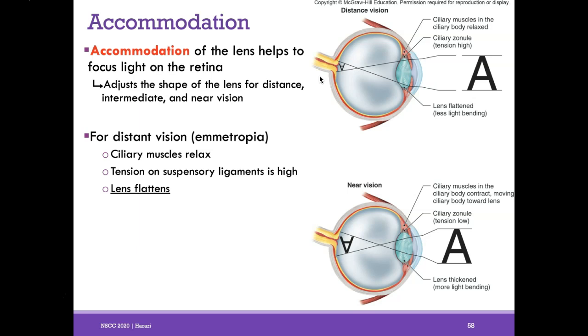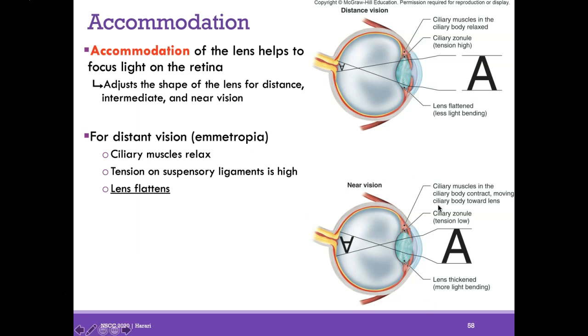But if we shift our eyes to something closer, then we need to accommodate the lens so what we're looking at hits the retina appropriately. It has to still hit the retina. So we have to bend that light so it hits the retina in the right location.